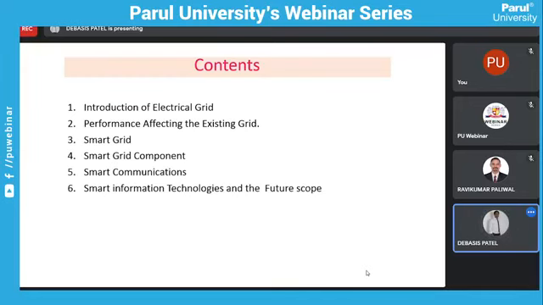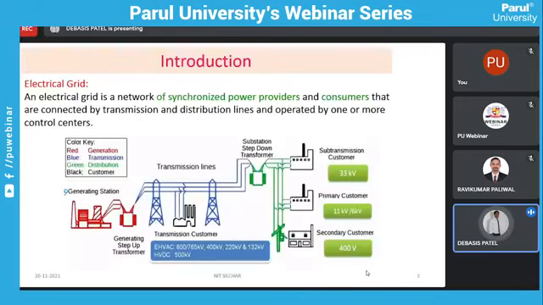Coming to the next slide, our introduction of the electrical grid. As you all know, the electrical grid transfers electricity from our generation to our customers. The power is transferred through transmission lines and distribution lines, and many equipments are also there.